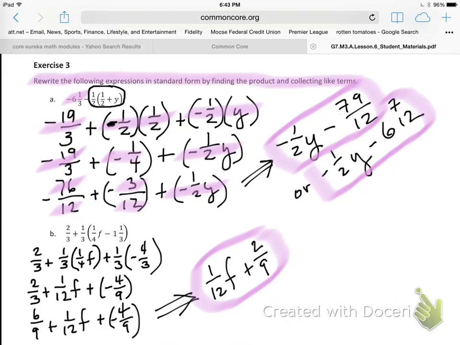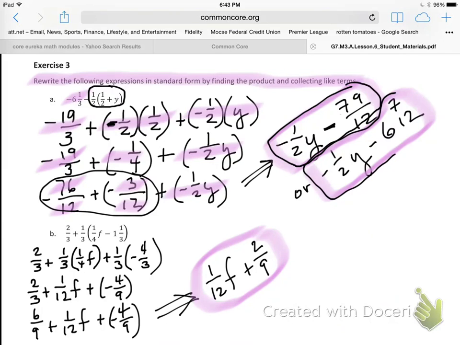For the final answer, I turned it all around and had my negative 1/2 y at the beginning, and then I'm subtracting away again because it's negative 79/12. Okay, and that was adding these two. Another answer that would be correct would be negative 1/2 y minus 6 7/12. So either one of those is correct.